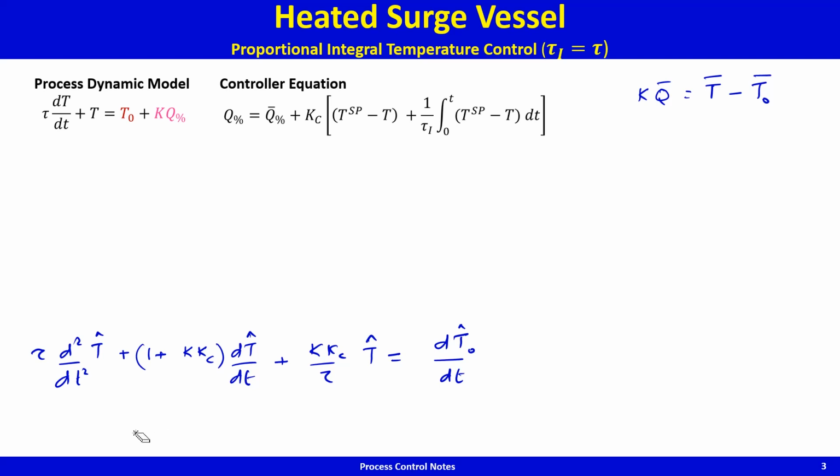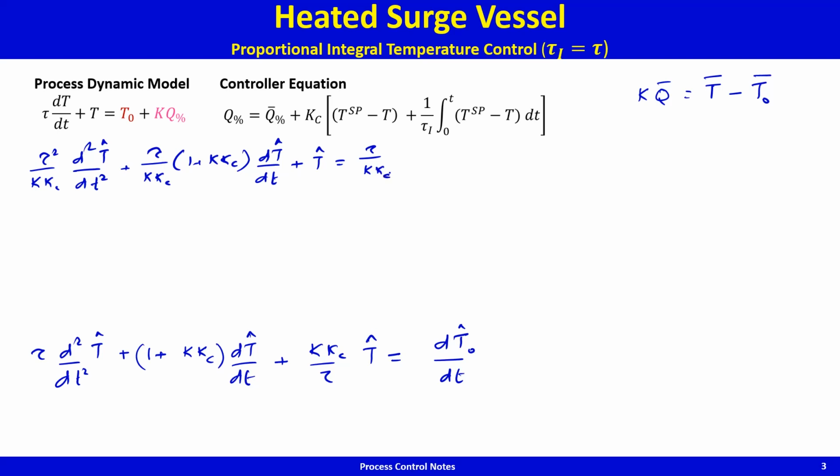So multiply by tau by kkc both sides, and what then you get is tau square by kkc into second derivative plus tau by kkc into 1 plus kkc plus t tilde is equal to tau by kkc into derivative of t naught tilde. This is the governing equation.